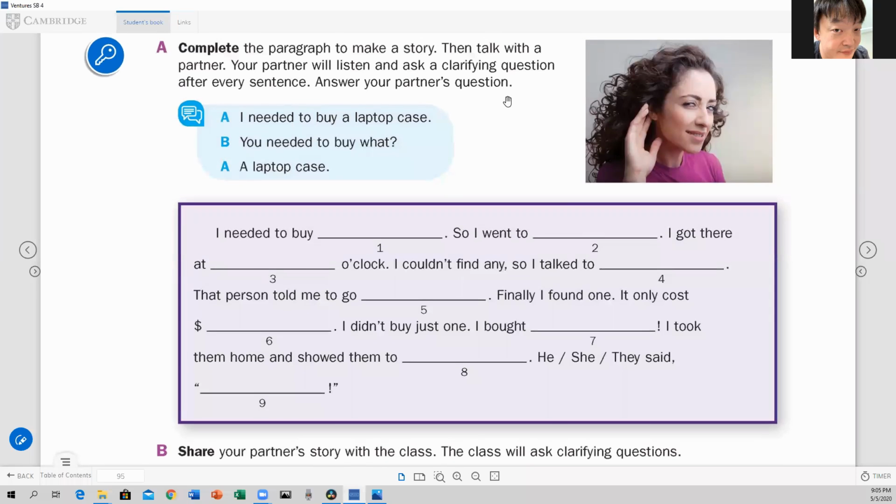Okay, let's continue here. I needed to buy, I'm going to fill in with my examples. I needed to buy a suit. So I went to the mall.